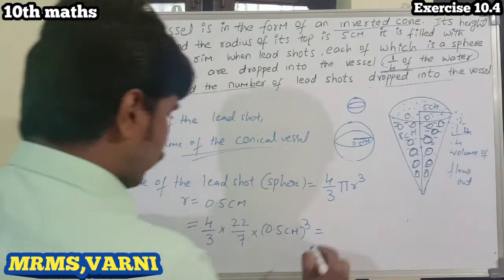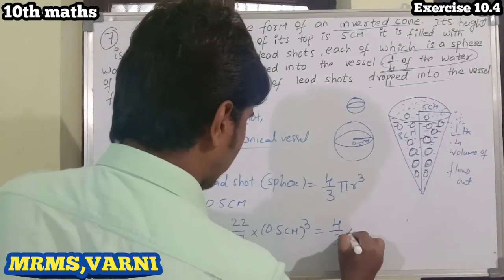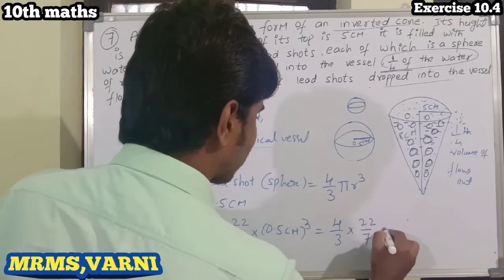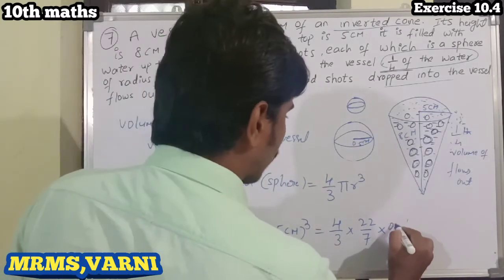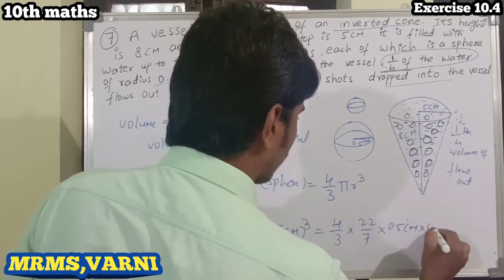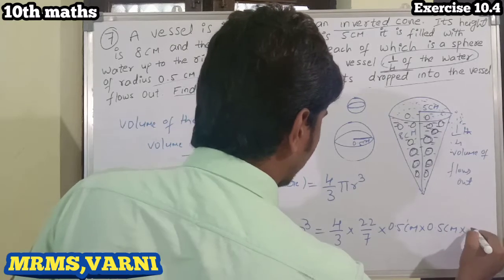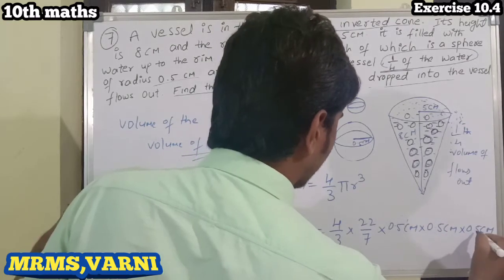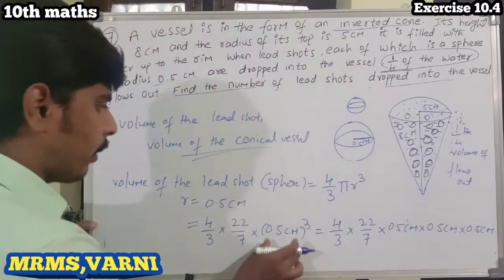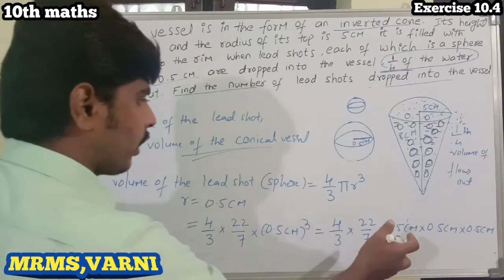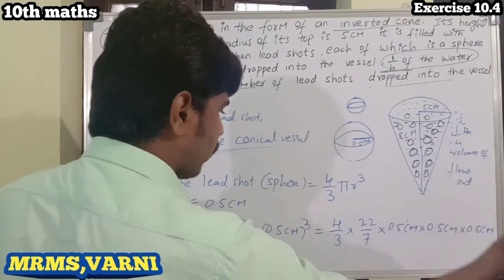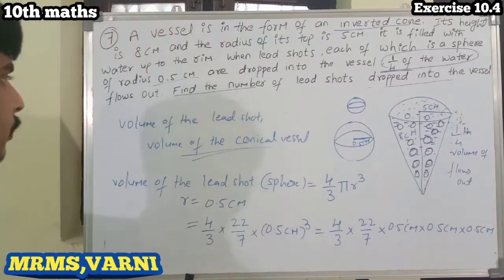I'm going to simplify here. 4/3 into 22/7 into 0.5 centimeter into 0.5 centimeter into 0.5 centimeter, because 0.5 centimeter whole cube we can write as 0.5 into 0.5 into 0.5. Is it clear?